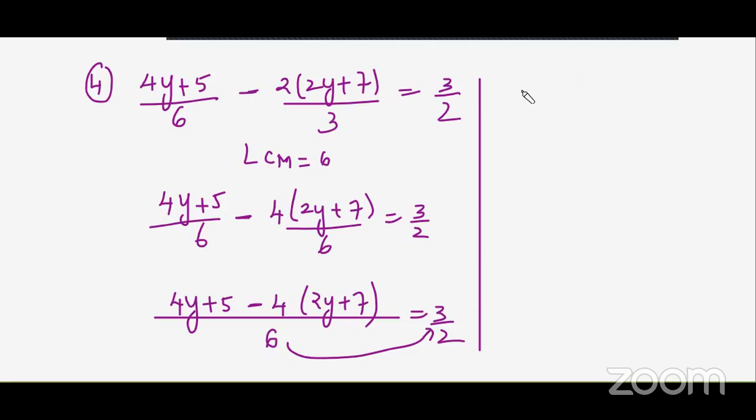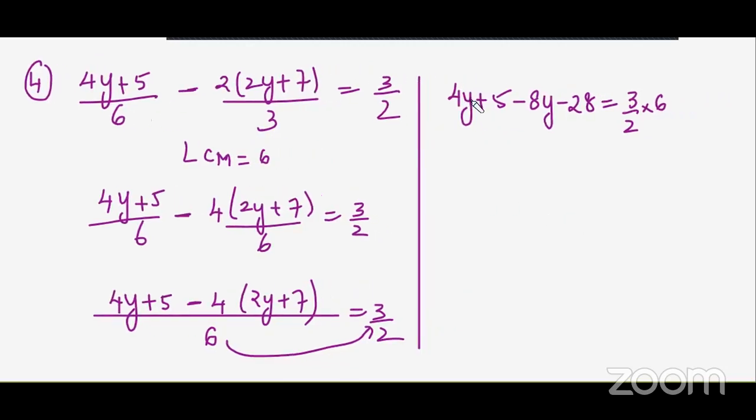That means it will be 4y plus 5, and I'm going to expand this. That will be minus 8y minus 28 equals 3 by 2 multiplied by 6. Right? So 4y and minus 8y, that means minus 4y. Plus 5 minus 28, which is minus 23, equals 2 3s are 9.